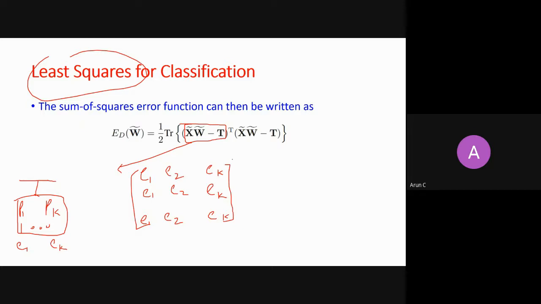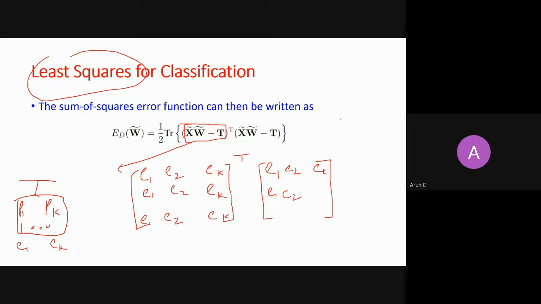What they say is, you take this matrix, you transpose it, and you multiply it with the same matrix, right? E1, E2, up to EK, and this is the same matrix E1, E2, EK, and you multiply it with the same transpose.